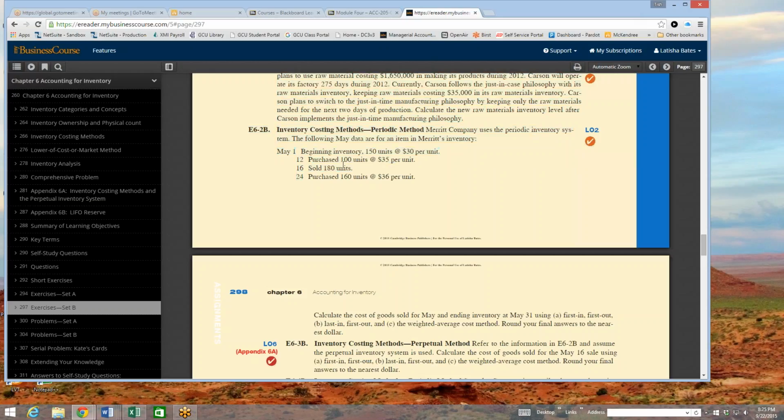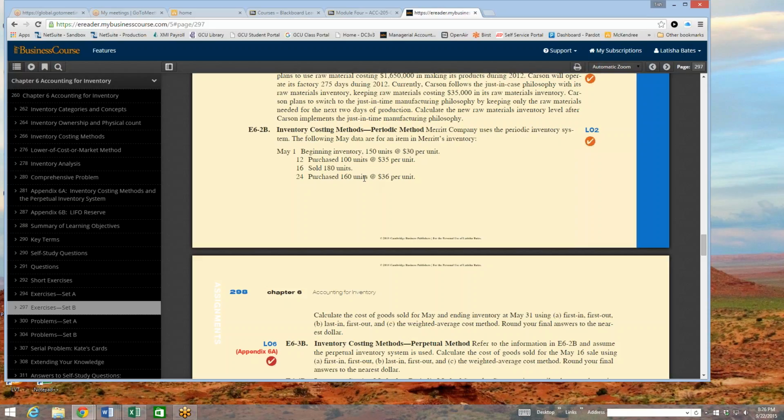we have beginning inventory of 150 units, and then you have purchased 100 units, and you sold 180 units, and then you purchased another 160.